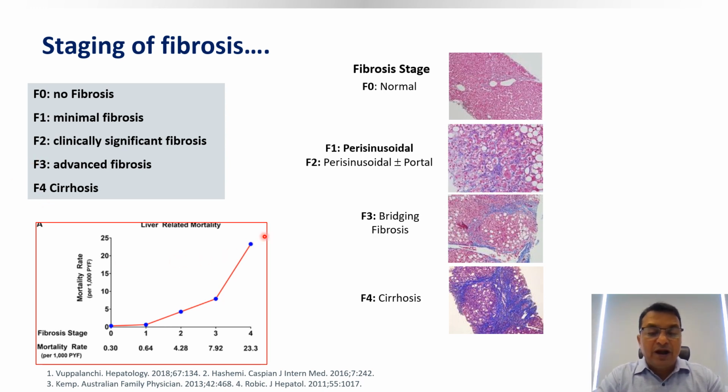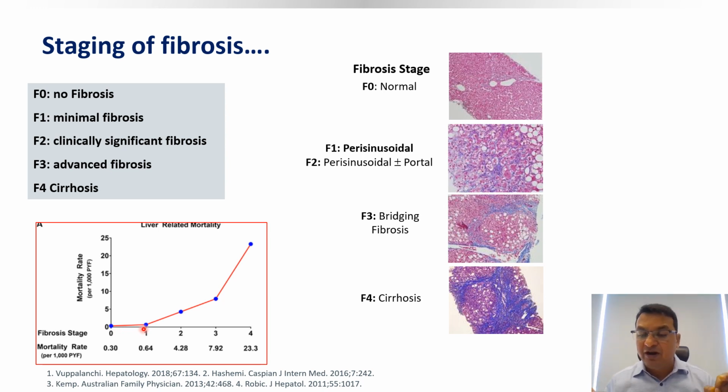Now, if you look at this very interesting line chart, with fibrosis grade on the x-axis, look at the mortality rate on the y-axis. If an NAFLD patient has F0 or F1 fibrosis, mortality is not elevated compared to the general population.